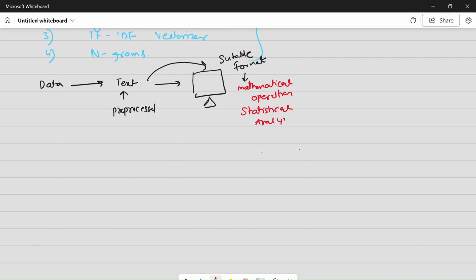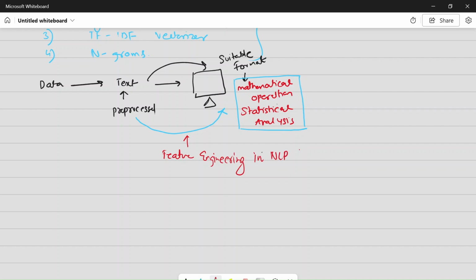So we need to convert that text representation into such a format so this operation is possible. This process of converting the text into a suitable format, generally a number or vector, is called feature engineering in NLP.